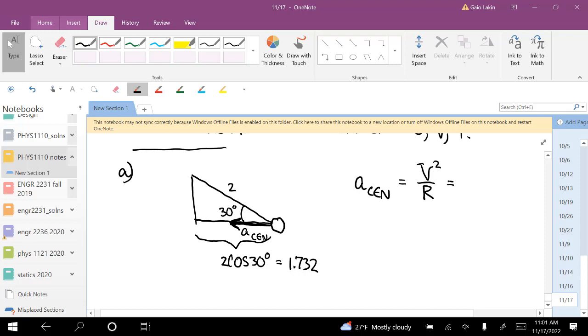We don't know v, but we know r, so I'll write this as v squared over 1.732. I'm going to use this usual coordinate system.